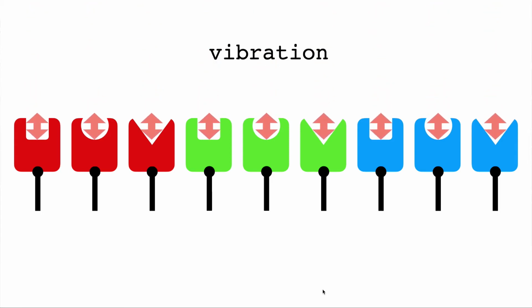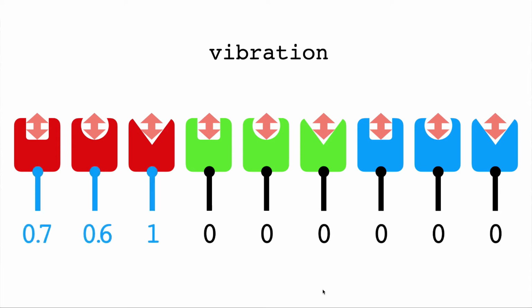Now if I put odorants, what will happen is it'll bind more or less, but it'll bind pretty much to all of them, and it will turn on only those receptors that have a sensitivity to a vibration of the odorant, and that looks maybe something like this. In the red vibrational band, one receptor will be turned on to 0.7, one to 0.6, and one fully to 1.